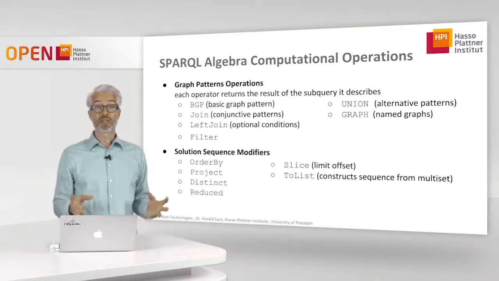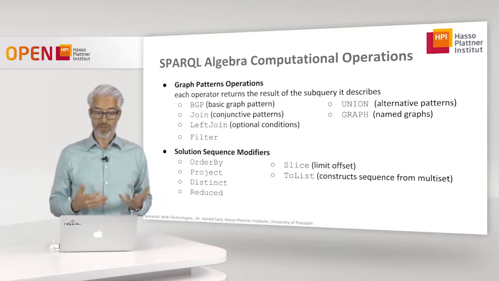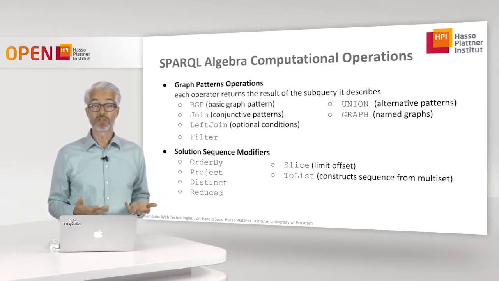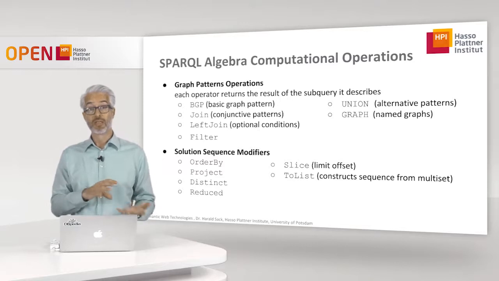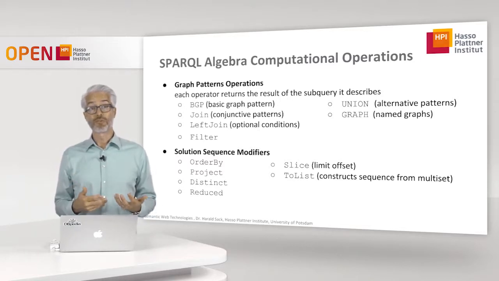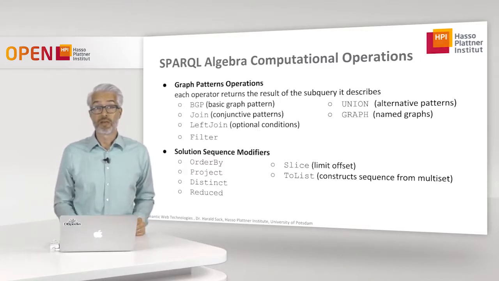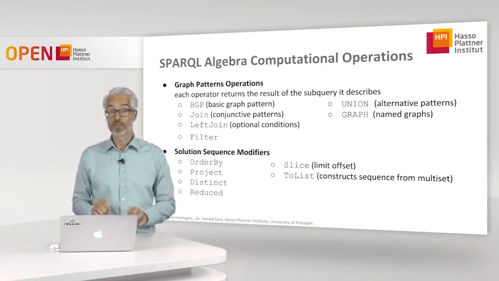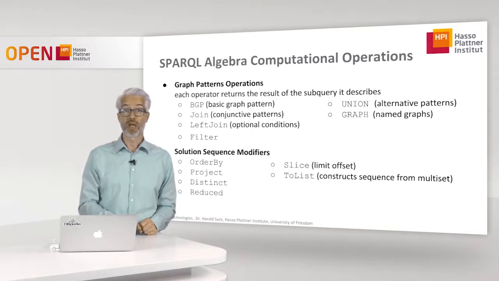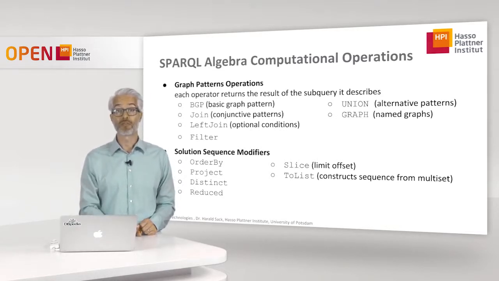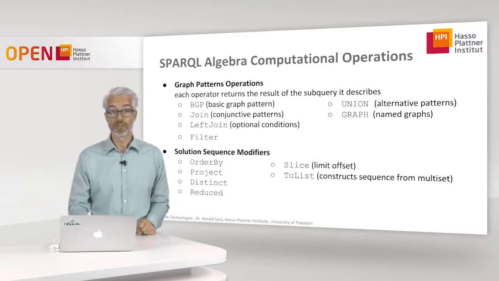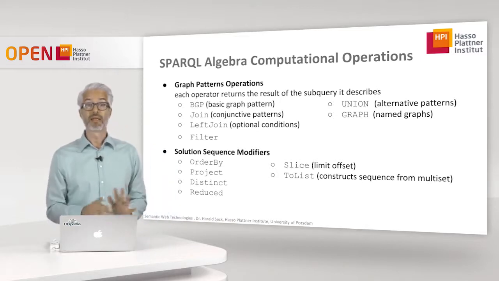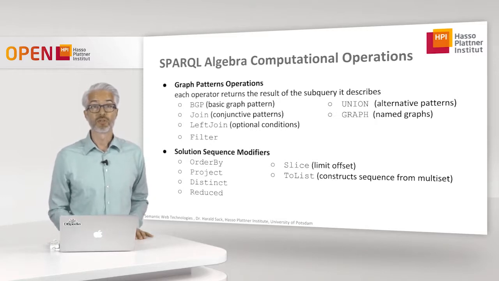Then we have an abstract SPARQL operation called join, which is used for a conjunctive join of two triple patterns. Then we have the left join, which is used for optional conditions within graph patterns. Then we have the filter operation, the union operation, and the graph operation for named graphs. So these are the basic abstract commands that we have to look at.